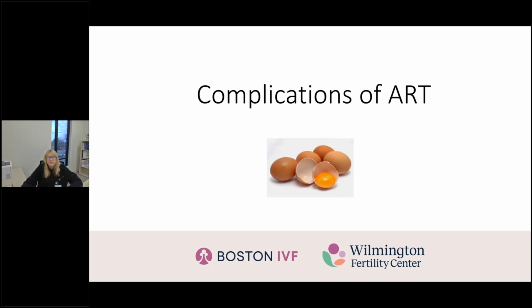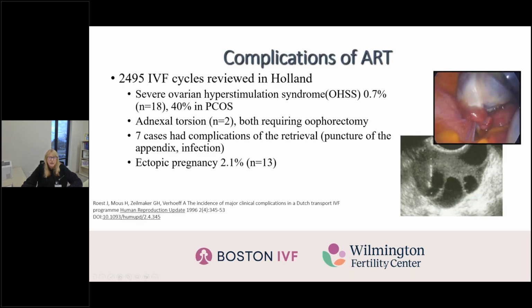So complications of assisted reproductive technologies. This study included 2,495 cycles in Holland. The greatest risk with IVF was ovarian hyperstimulation, more common in patients with polycystic ovarian syndrome. So in the oocyte retrieval, we use a 17 gauge needle.